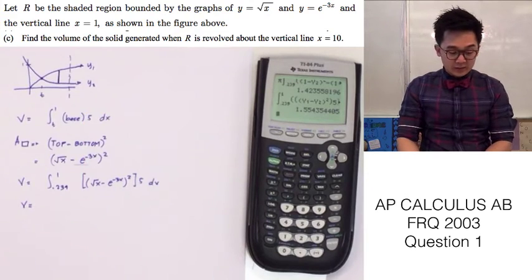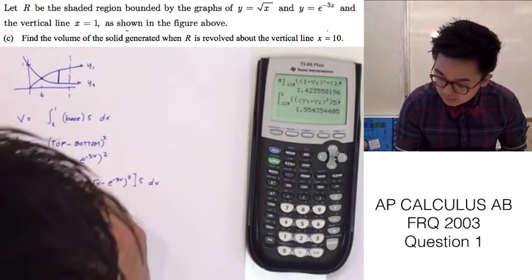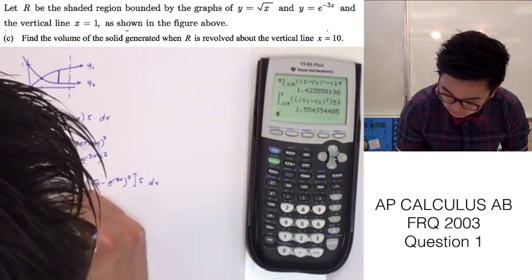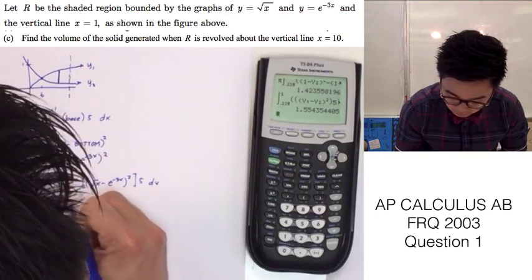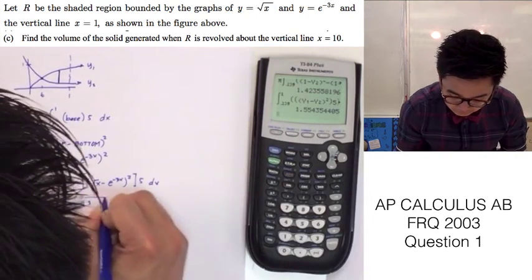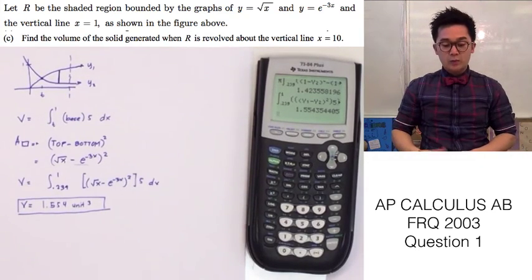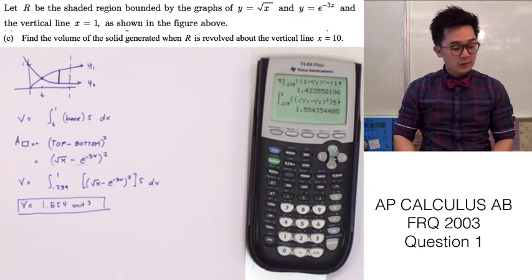And our calculator is giving us 1.554. So the volume of this solid will be 1.554 unit cubed. And this is how we solve the 2003 FRQ from Calculus AP.